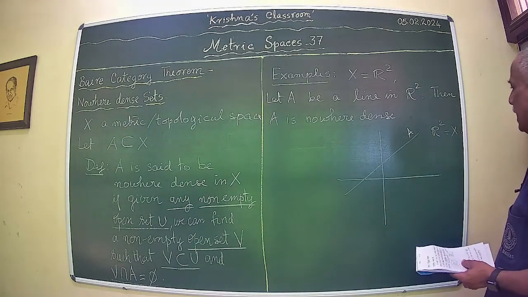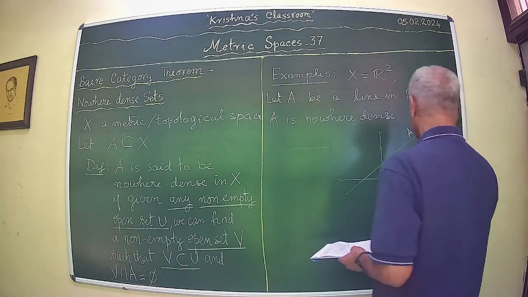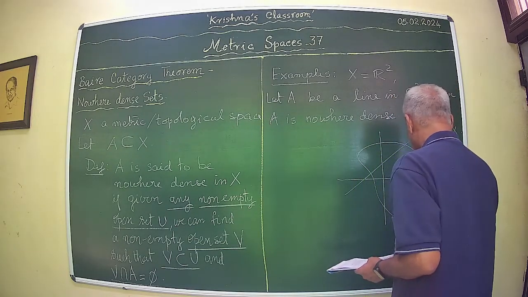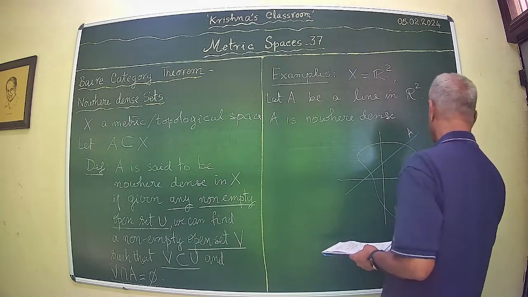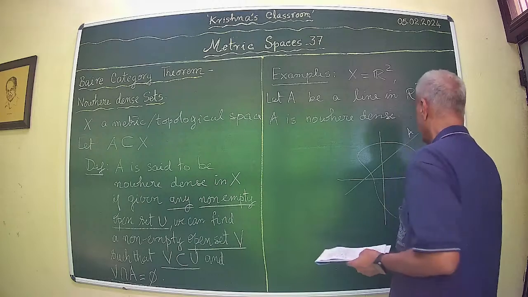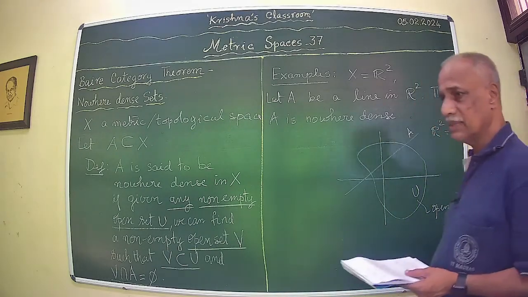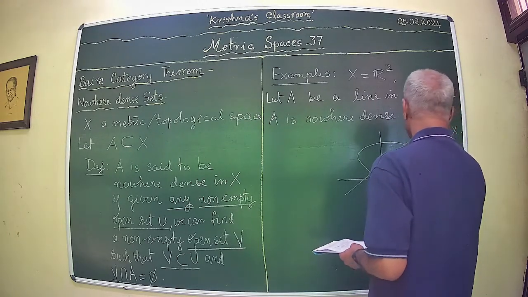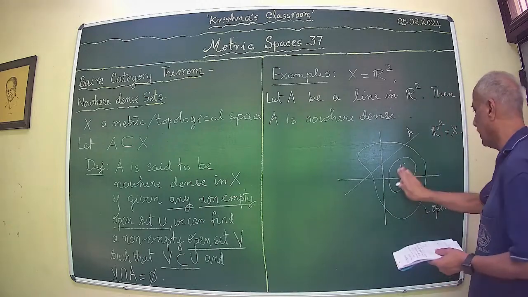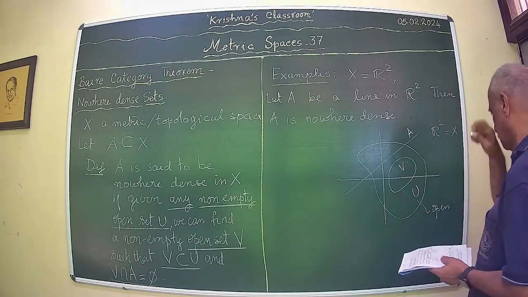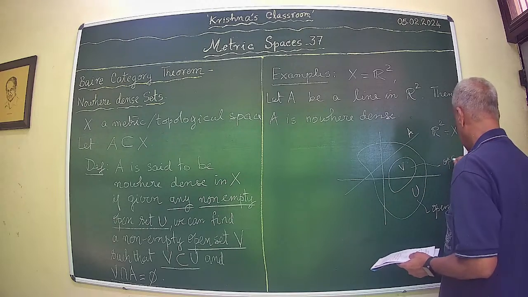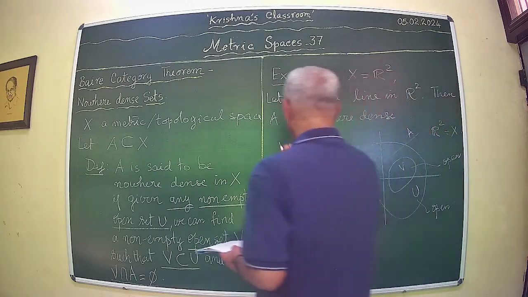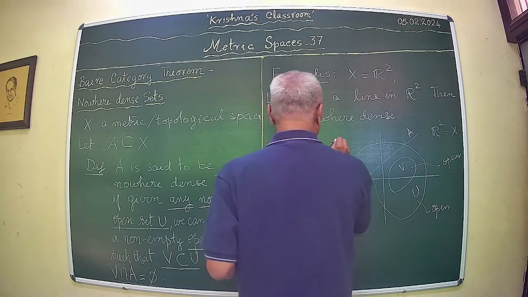Now what we can say is that suppose you take an open set U, then there exists an open subset of U, namely V, an open subset V of U. This is again open, such that V intersection A is empty.